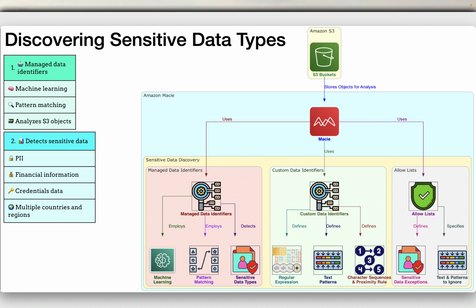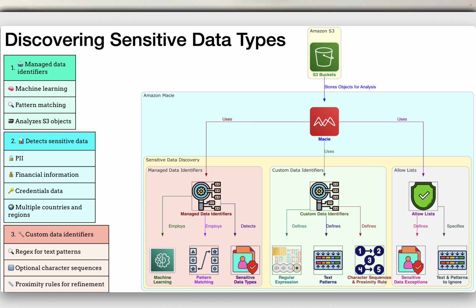So this includes identifiers which can find things like credit card number, social security number, national ID number, or any kind of very popular data. So it's not only for the US; across the world all countries have different kinds of personally identifiable information. So Macie has the knowledge on how to detect those kinds of sensitive information, whether it's residing in S3 or not.